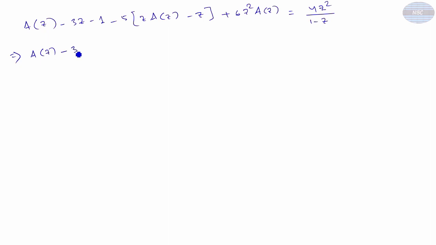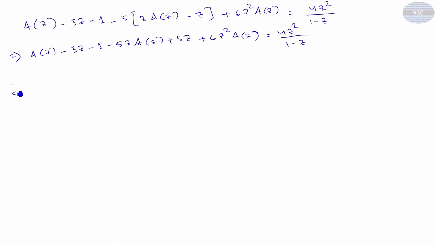So we have A(z) minus 3z minus, open the square bracket here, 5z A(z) minus 5z, so here we have minus into minus, that is plus, 6z square A(z), and the right hand side is equal to 4z square over 1 minus z.